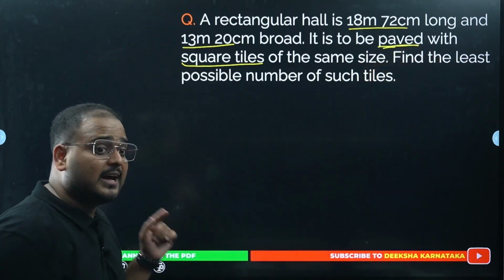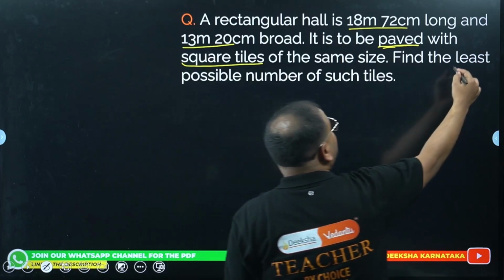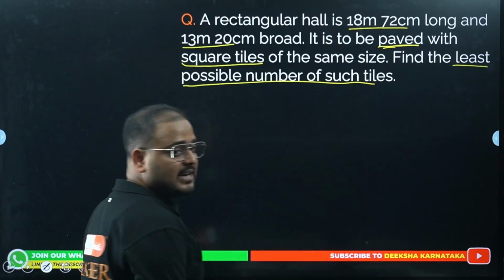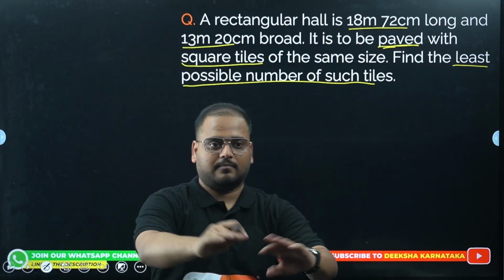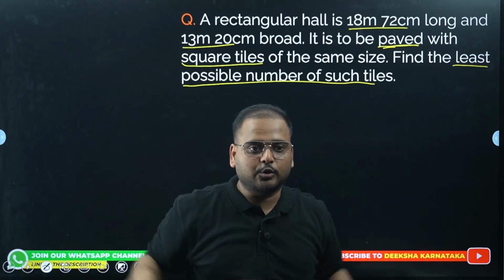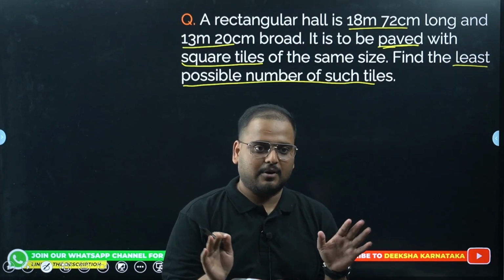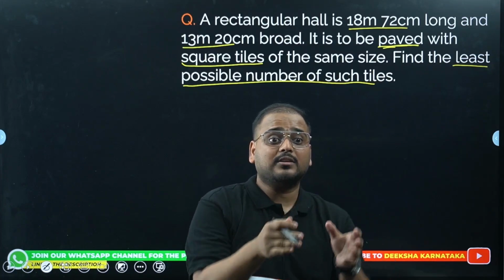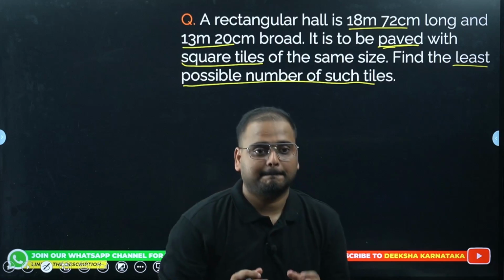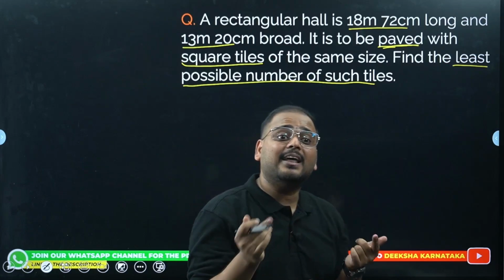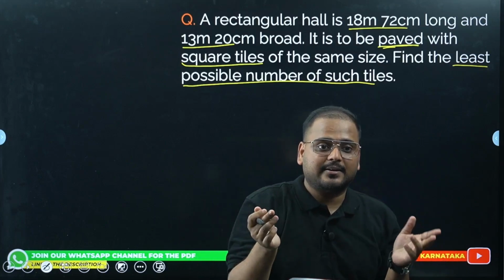What are they asking? The least possible number of such tiles. Think, it's a rectangular room and you're supposed to fill it with square tiles. You want the number of tiles to be minimum, the smallest number. Then the size of the tiles has to be bigger, right?